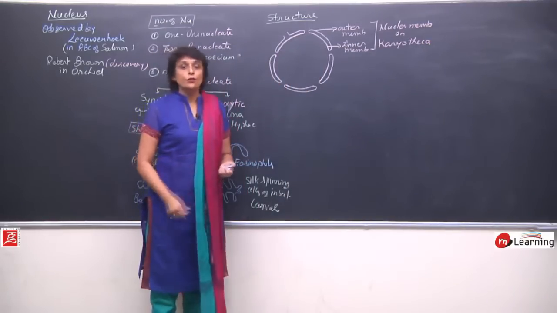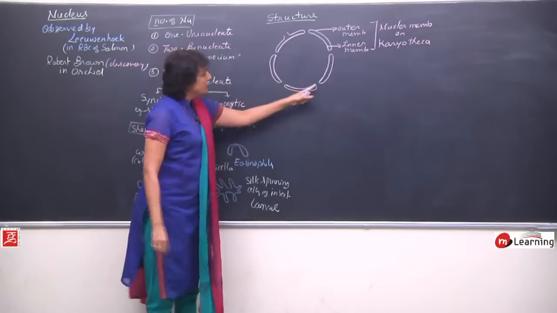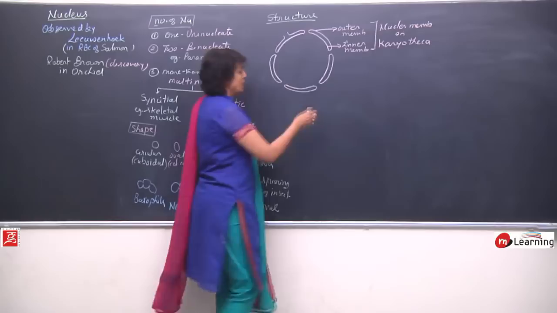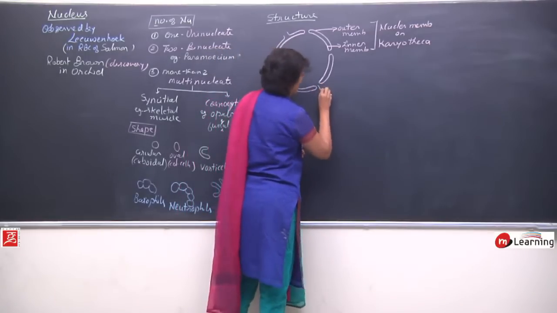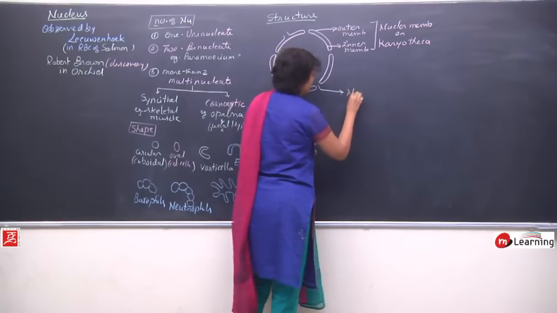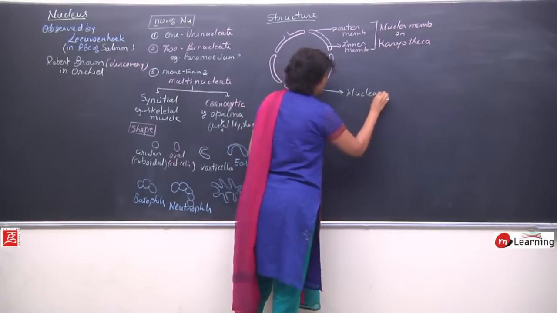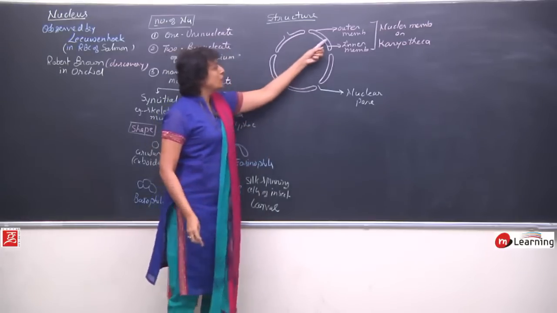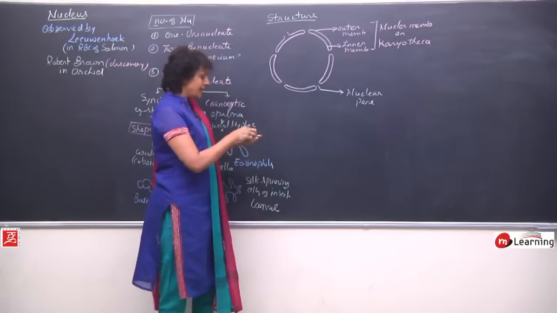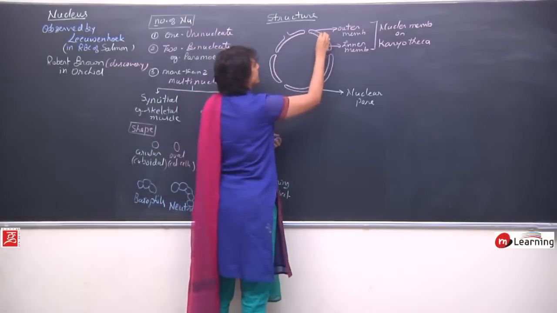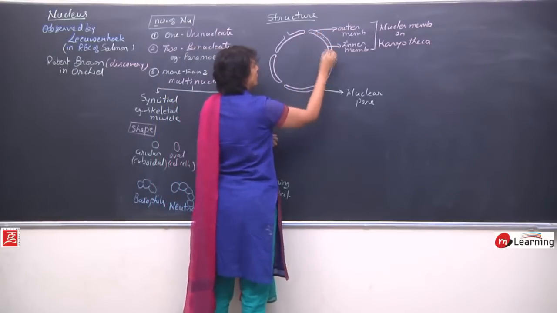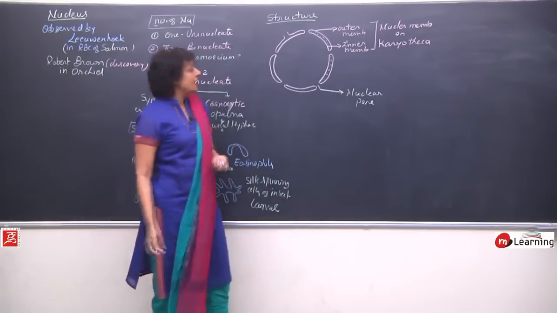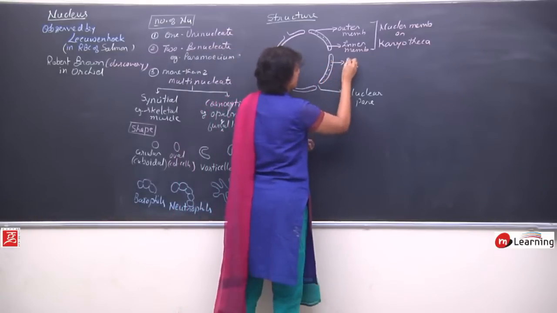Karyon is the term given to the nucleus, so karyotheca. These openings which we see here, these are the nuclear pores. We will draw the structure of nuclear pore in some time. Between the outer and inner membrane, there is a space. Here there is a fluid filled space. This is known as intermembrane space.